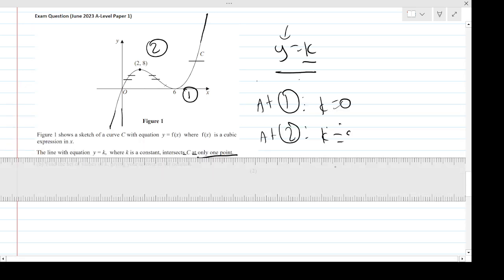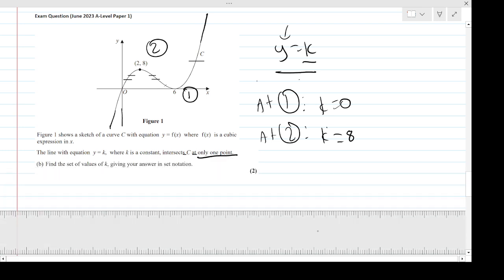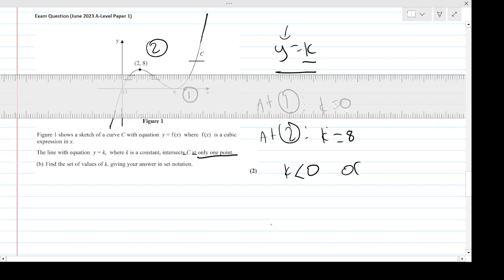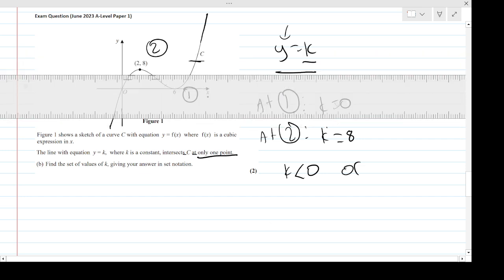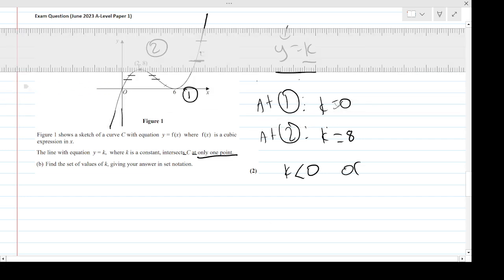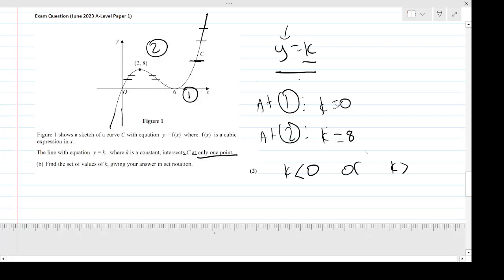Okay. So then, therefore, the values of k when this line y is k intersects the curve once only is going to be, well, first it has to be less than 0, okay? Or alternatively, when it's bigger than 8, because then that's when it has one intersection at this point here on this side of the curve as well. So those are the two ranges for k.